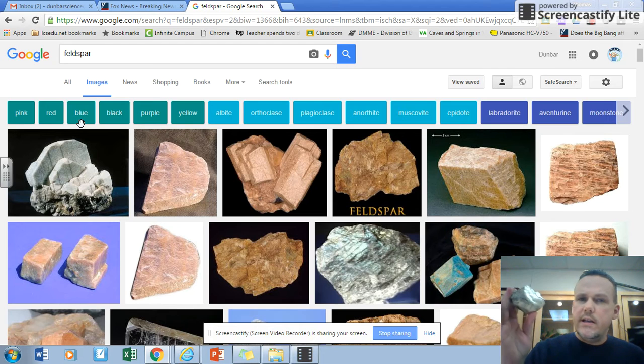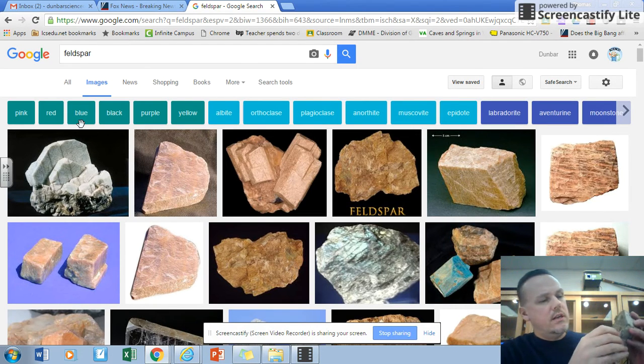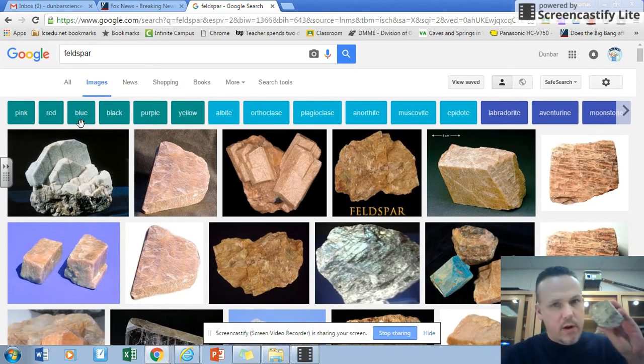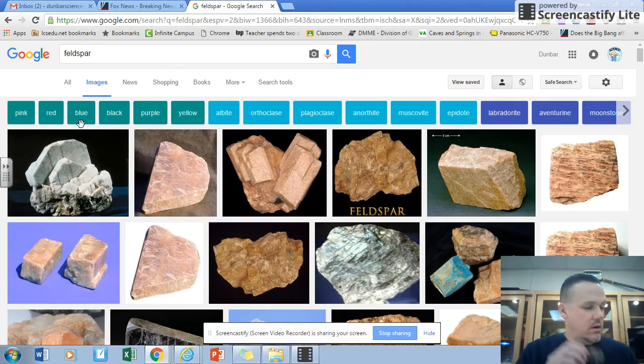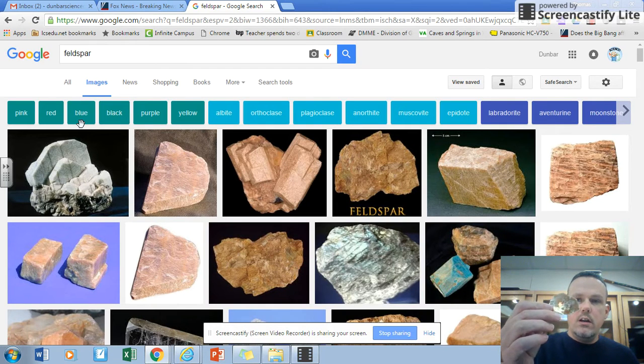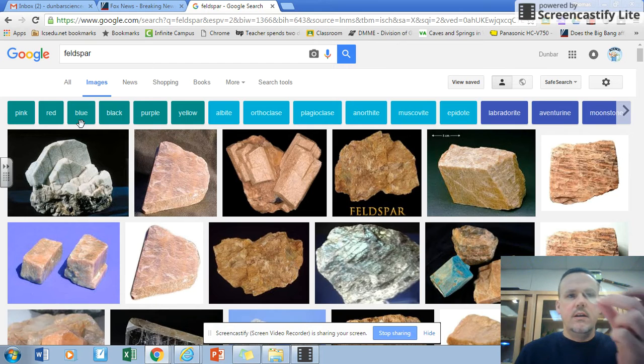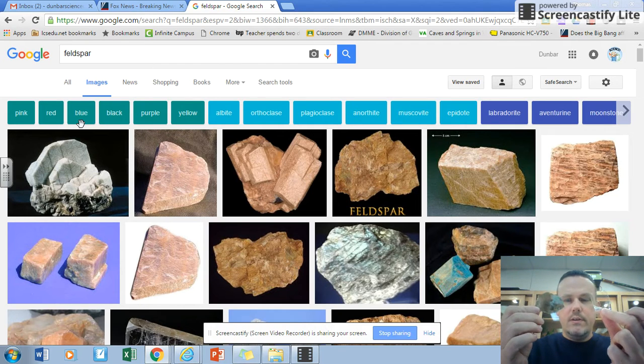And one easy way of identifying mica is that it cleaves. It cleaves and it doesn't fracture. It cleaves into long, flat pieces. I'm not going to sit here and break this one apart because this is my specimen. But if I was to break it apart, that's an example of cleavage right there. Long, flat pieces. That is cleavage.